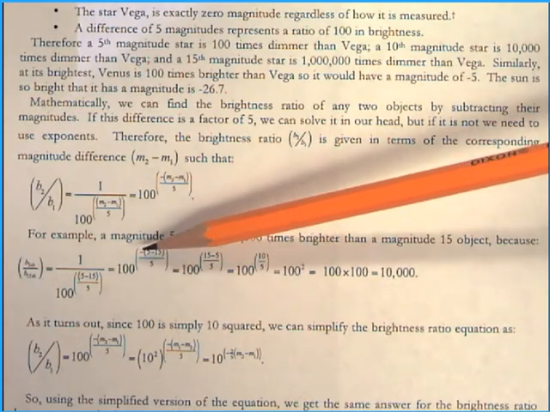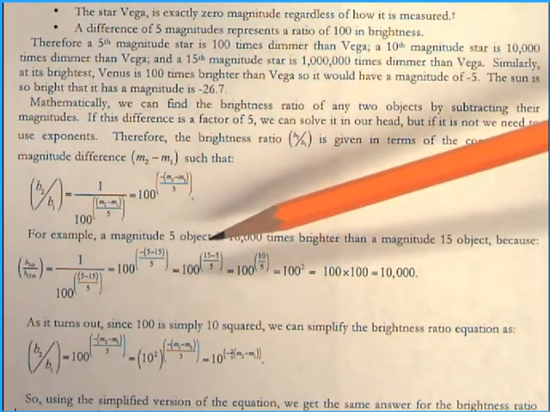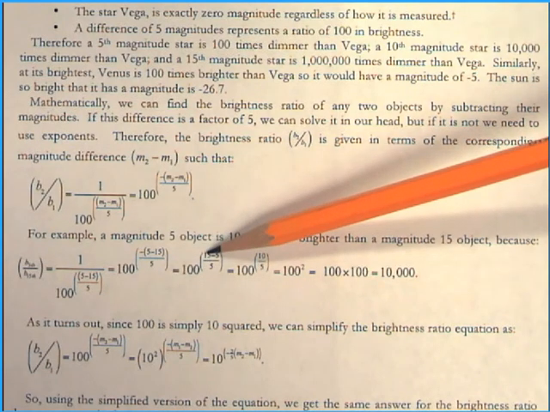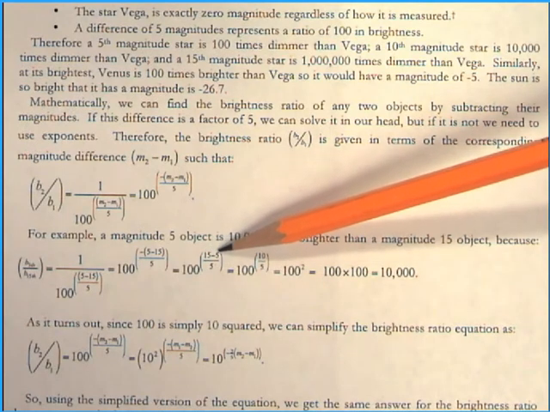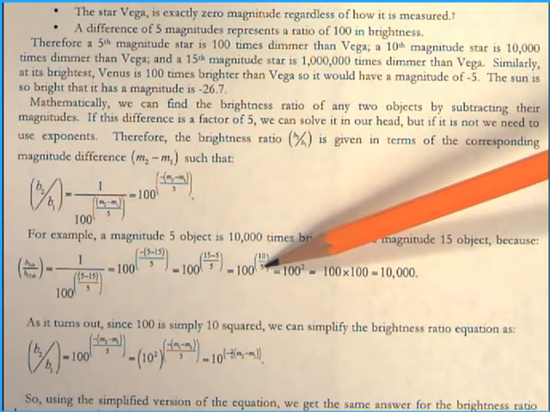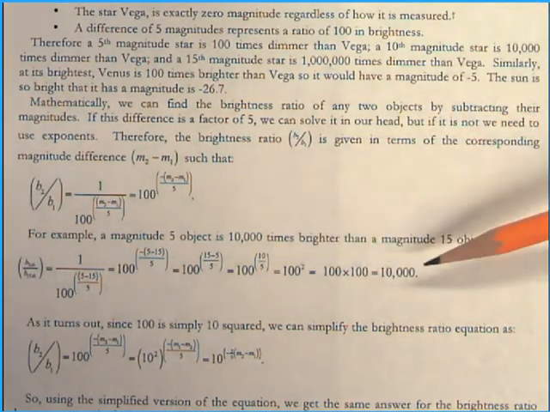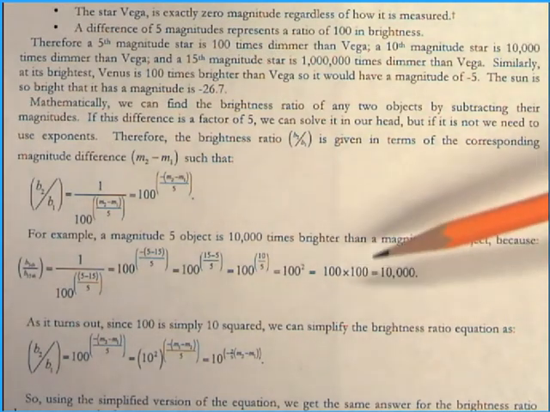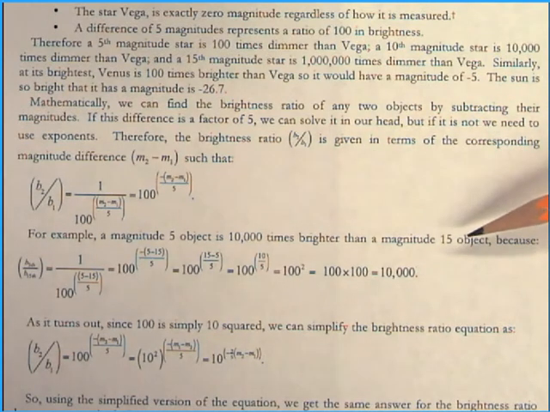That is equal to 100 to the negative (5 minus 15) divided by 5, which is equal to 100 to the (15 minus 5) divided by 5. 15 minus 5 is 10, so it's 10 divided by 5, which is 100 squared, which is 100 times 100, which is 10,000.